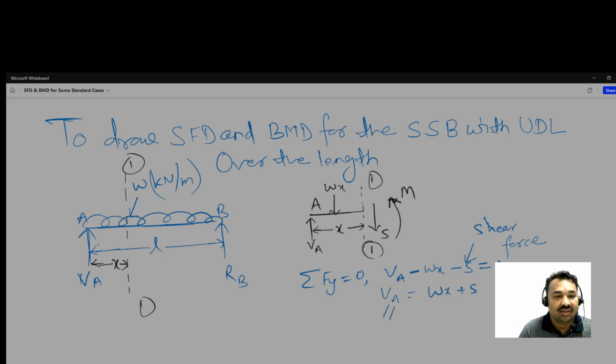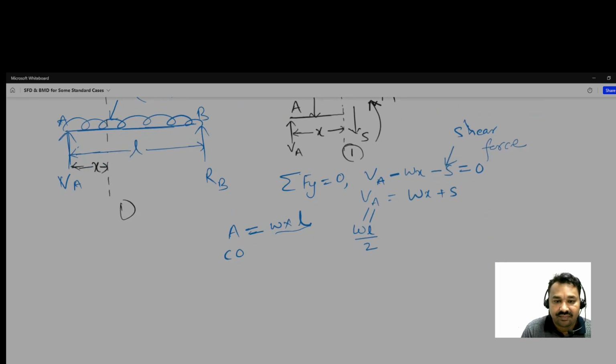Because the beam is symmetric, VA is wL by 2. Why wL by 2? Because the w intensity multiplied by the total length of the beam gives the total load, wL, and it is acting at the center of mass, that is at L by 2. That's why.